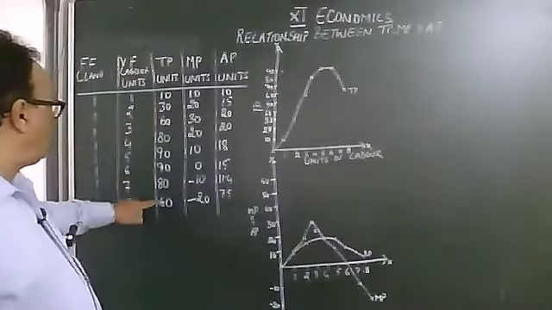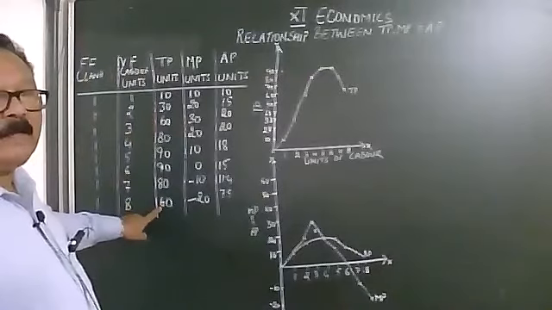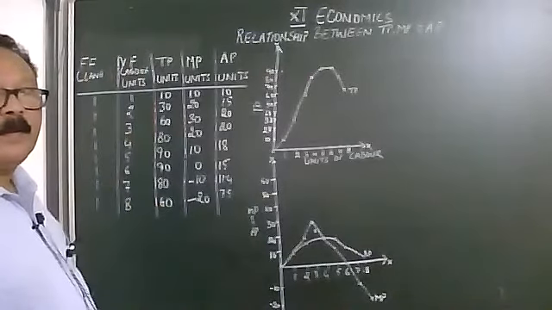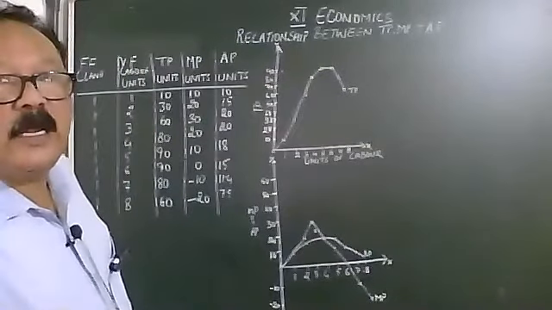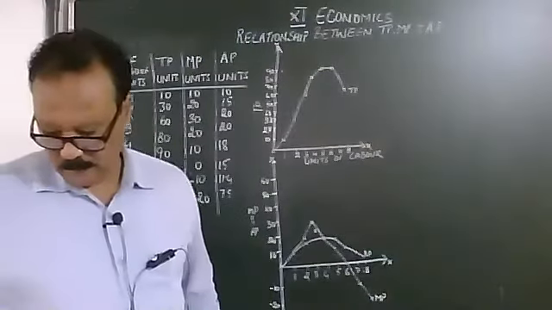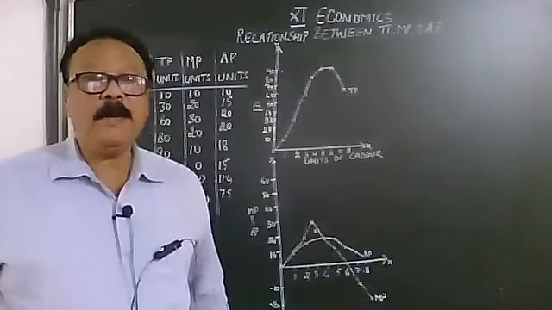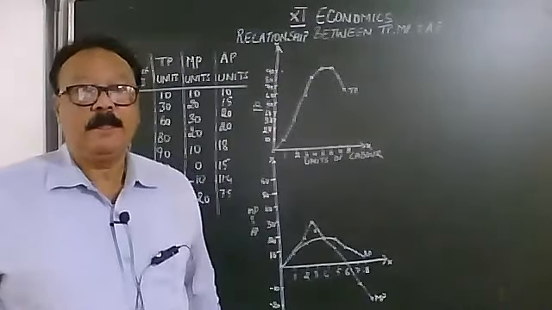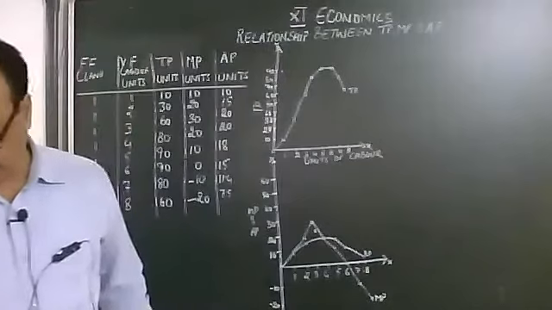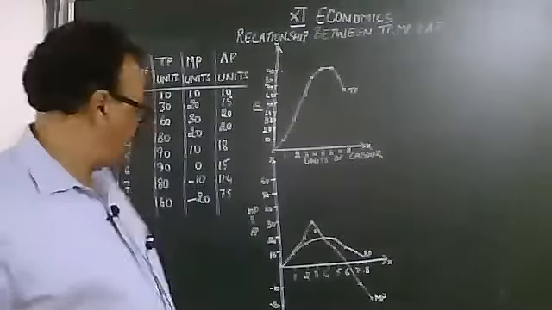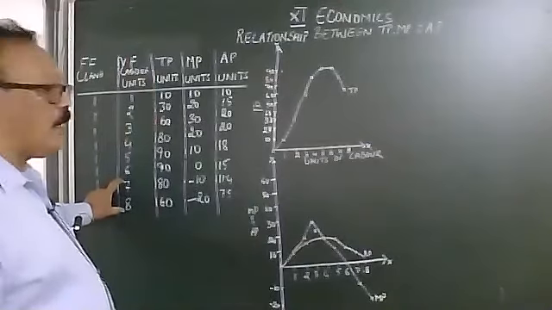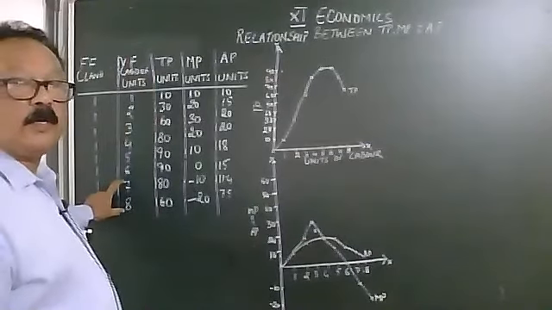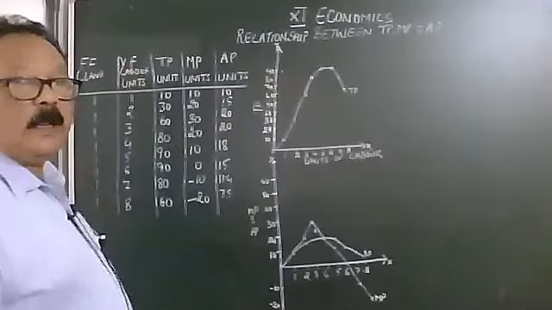When PP starts declining, MP becomes negative. Where is that? In the 7th and 8th unit. You can put it in brackets, 7th and 8th unit.